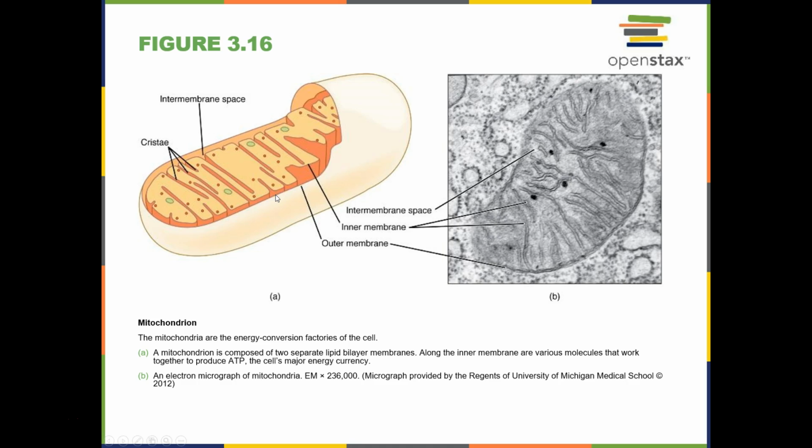The inside of the mitochondria, the very inside, is known as the matrix. And then those little grooves, those are known as the cristae. The mitochondria's major function is to produce ATP energy, which we will talk about minimally this semester, but we will definitely get into it when we're in the digestive system, and we talk about metabolism next semester.